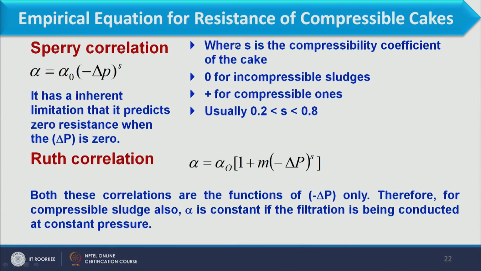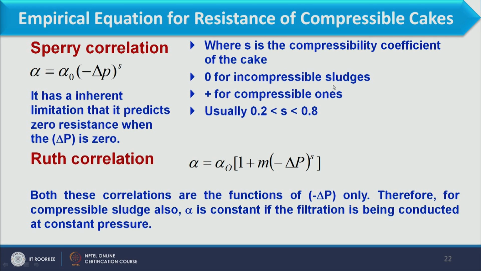Now we will see the expressions which are proposed to calculate the specific cake resistance, that is alpha. The first expression is given by Sperry, and it was proposed that alpha will be equal to alpha naught delta p to the power s, where alpha naught and s are empirical coefficients, and specifically s we have defined as the compressibility coefficient of the cake.